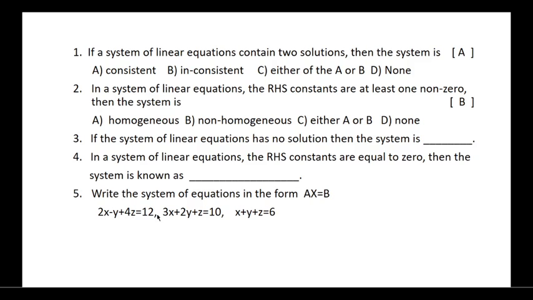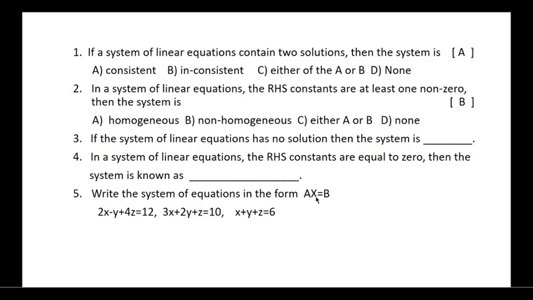The second row is 3, 2, 1. Then 1, 1, 1, the X coefficient 1, Y coefficient 1, Z coefficient 1, is the third row of the matrix A.